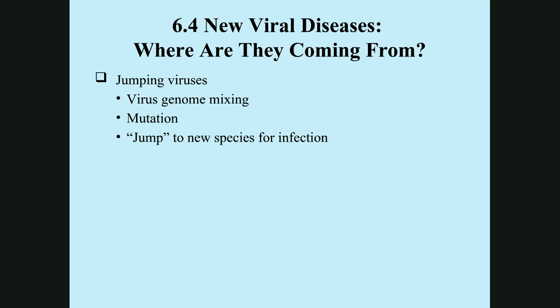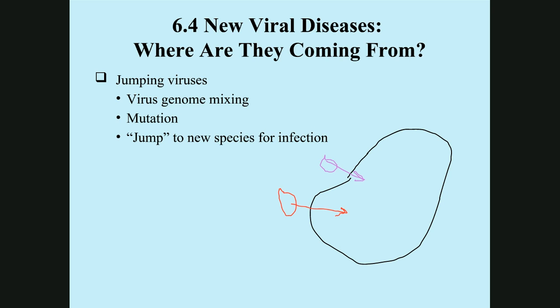So you might have a cell and two different viruses get in. So we'll do like a little red virus and a little purple virus. And let's say that they both get in, and as the cell is remaking their genetics, then they will get mixed up. So you might end up with a virus out here that has some of its own genetics, but then some of the purple virus's genetics in it as well.